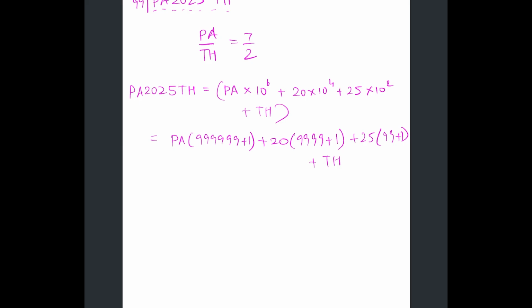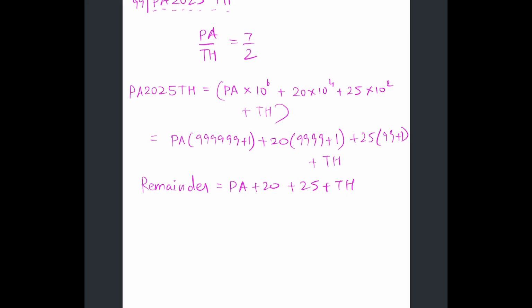So when this is divided by 99, we get the remainder as PA plus 20 plus 25 plus TH, right?